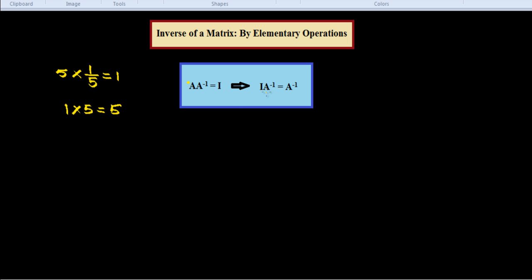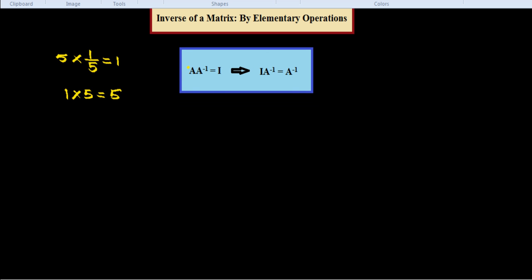Here, if we multiply the inverse matrix with the identity matrix, we get the same inverse matrix. So this is the concept behind these elementary operations.